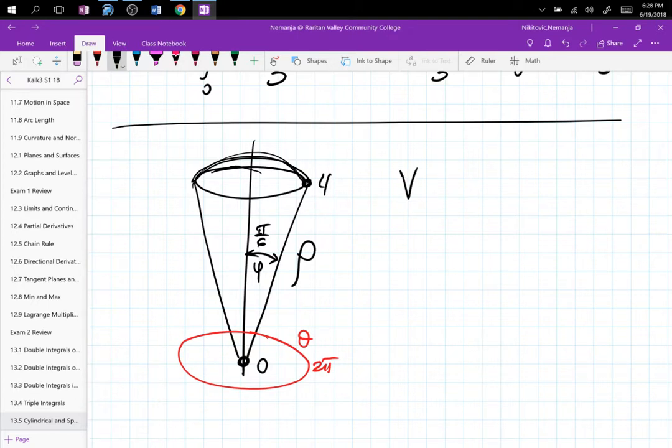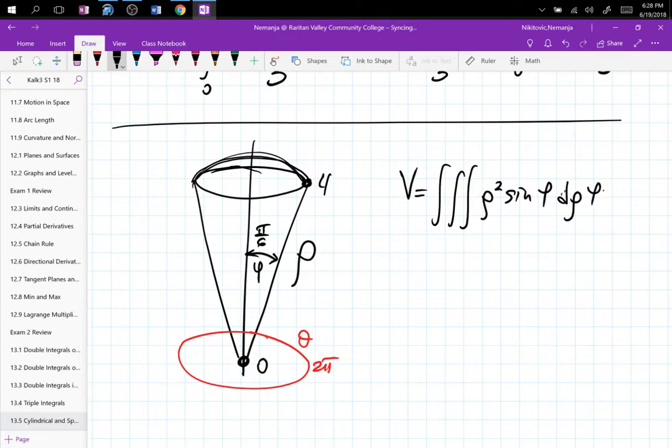So the volume for this cutout will be the integral of rho squared sine phi d rho d phi d theta. Theta is 0 to 2 pi. Phi is 0 to pi over 6.